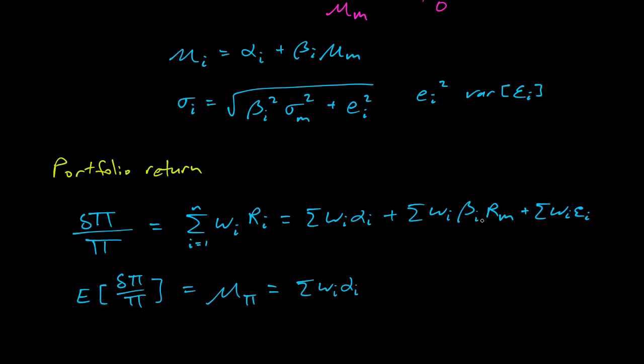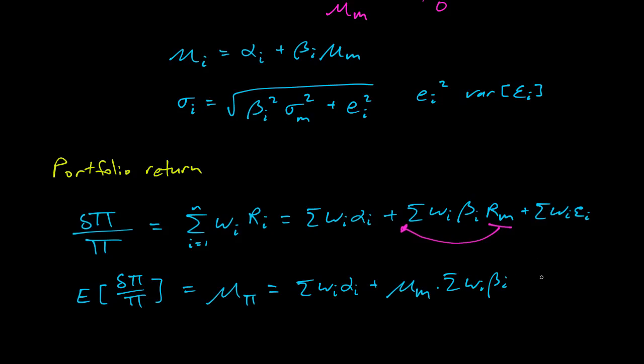And now this term Rm is constant, so we can take this out, put that over here. And we're doing an expectation, and the expected value of the return on the market was mu m. And we get the sum of Wi beta i.